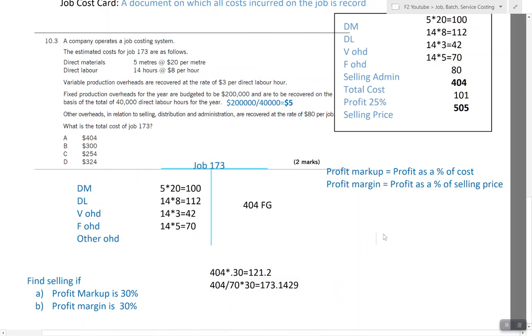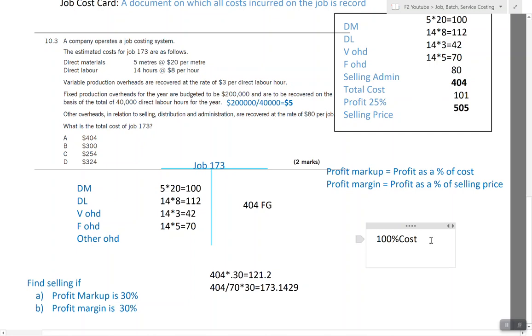So I will make a formula here. We have cost, which is always 100% when we are using markup. We add profit on it.